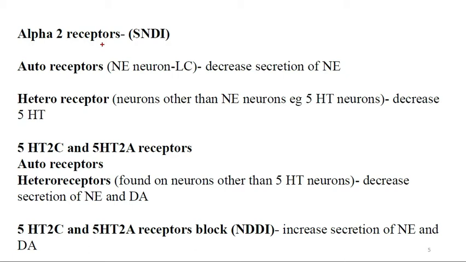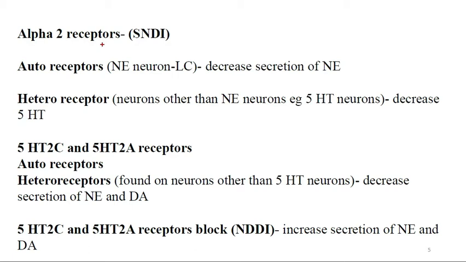Likewise, there are lots of serotonin receptors like the 5-HT1A receptor, 5-HT1B receptor, 5-HT1D receptor, 5-HT2A receptor, 2C receptors, 5-HT3 receptors, 5-HT4, 5, 7, 6 receptors.